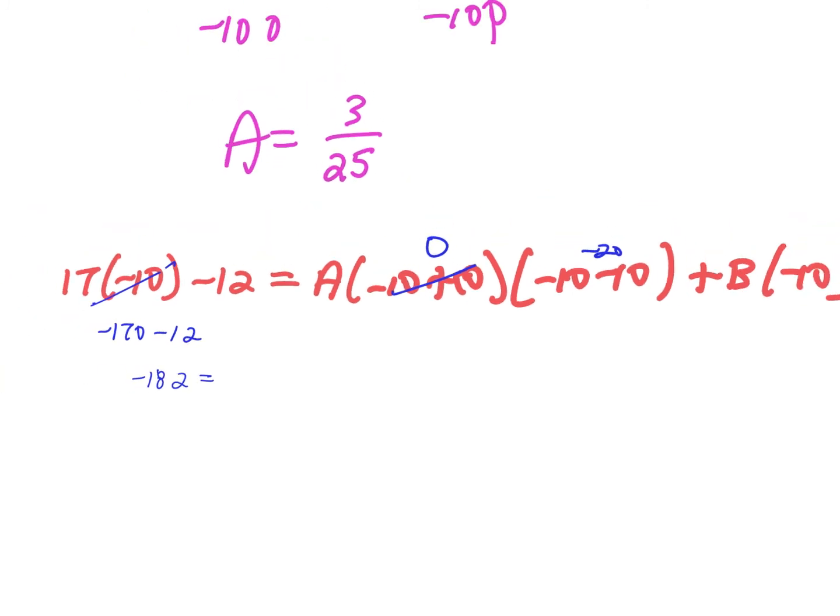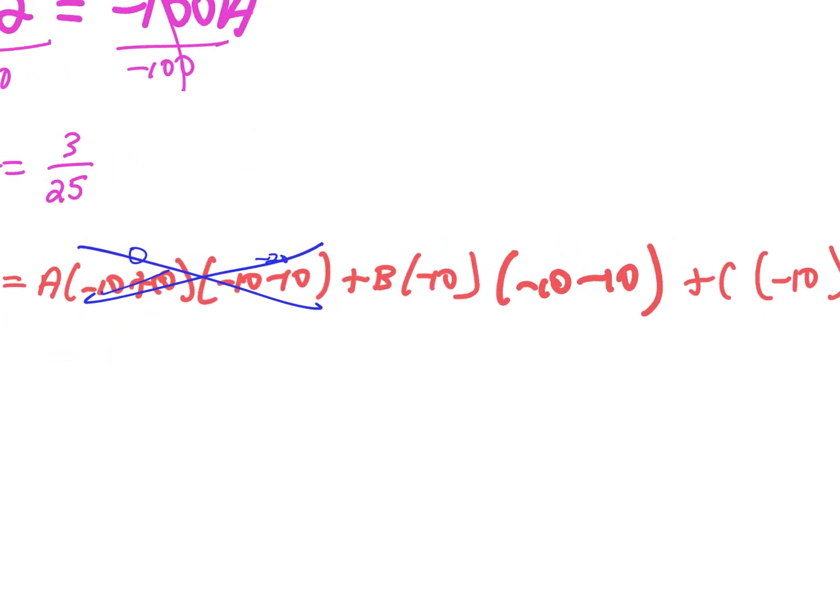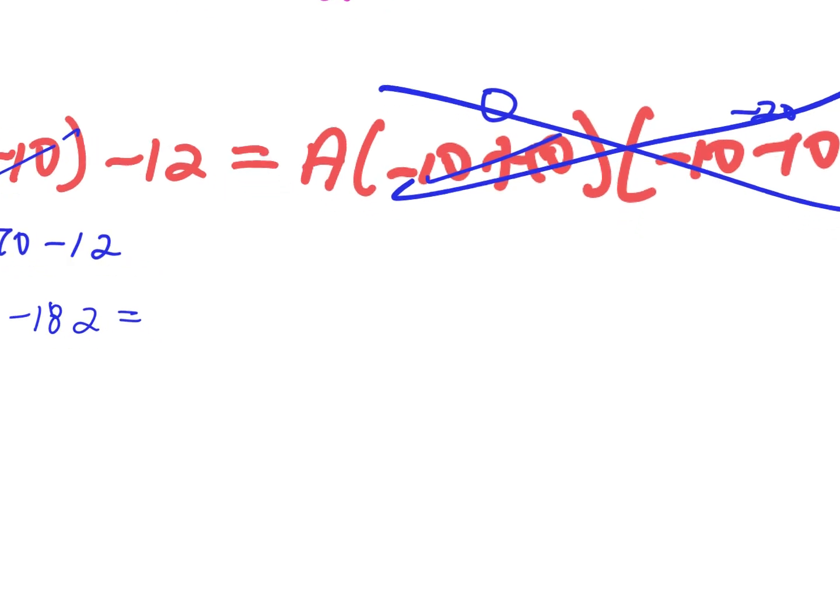Well, what's 0 times negative 20? 0, so that crosses out. Okay, come over here. This is negative 10, agreed? Yes? Okay, and then what's negative 10 minus 10? Negative 20. So what's negative 10 times negative 20? Positive 200, so I have 200B.